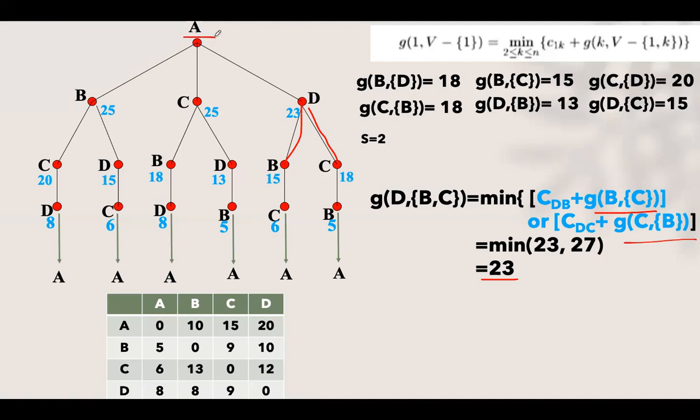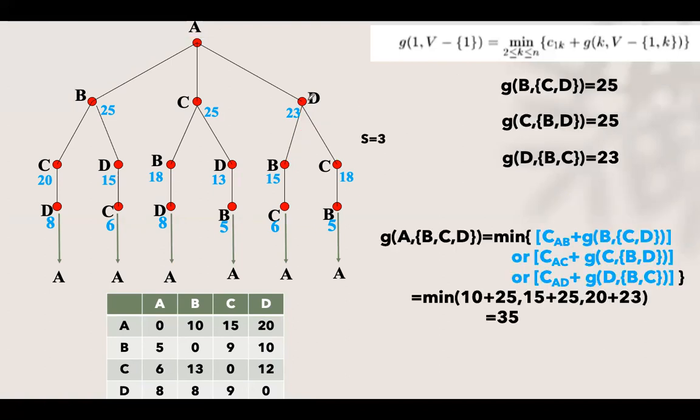When we come to the final vertex, either you have to take this path or this one, whichever is minimum. So in the previous calculation, we got these three values: 25, 25 and 23. Now with respect to A, we have to calculate.